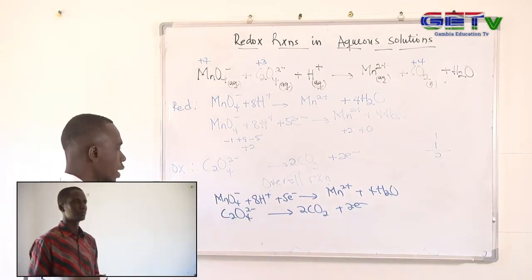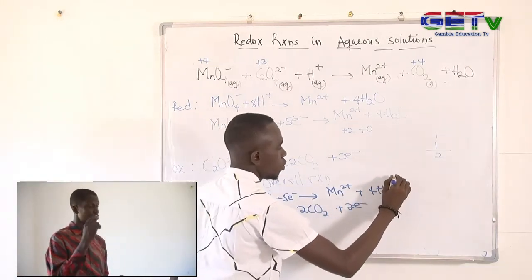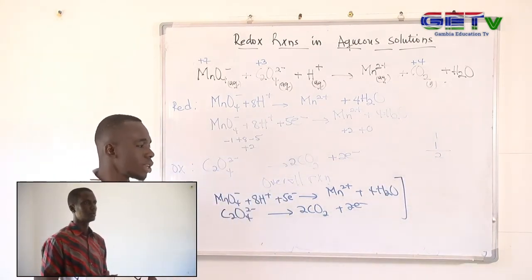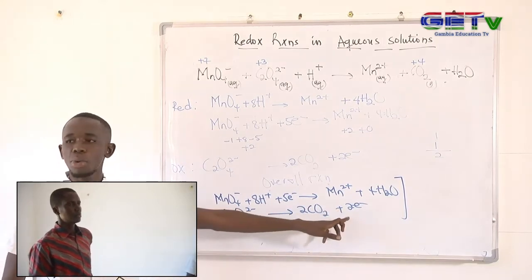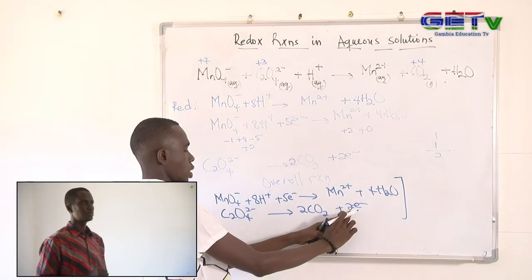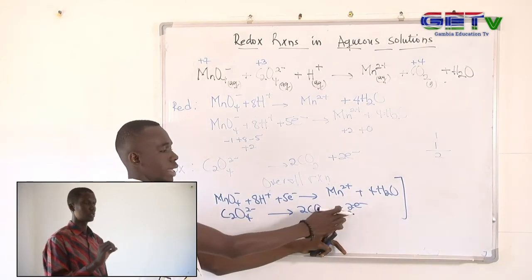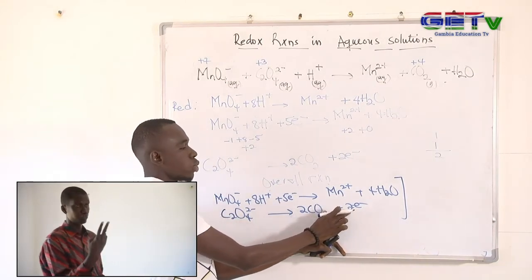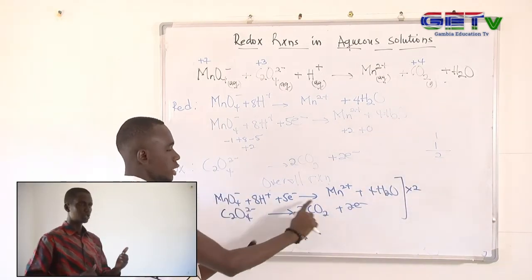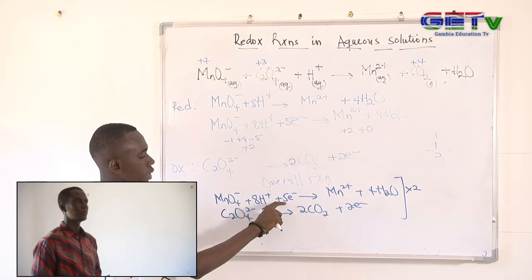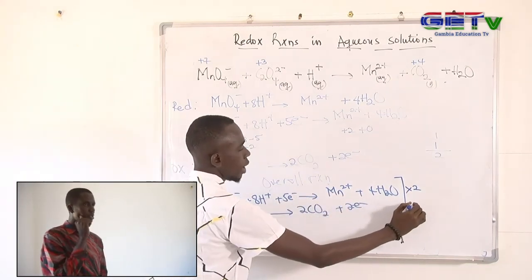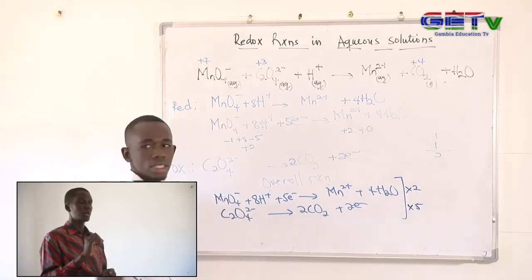So what we'll do is we take an integer. Even without that integer, just use the number of what? Electrons. That is, the number of electrons of the oxidation side is 2. So use that 2 and multiply it by the reduction side. The electron gain by the reduction side is 5. Use that electrons and multiply it by the oxidation side.